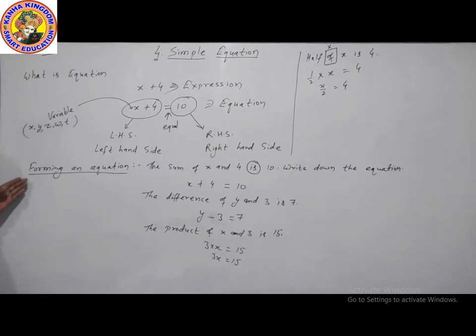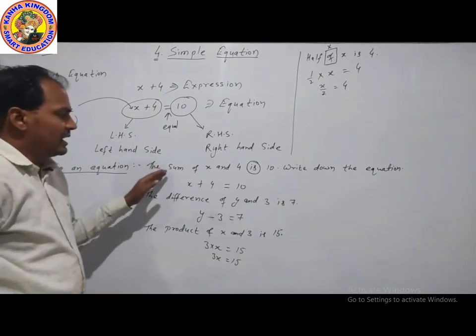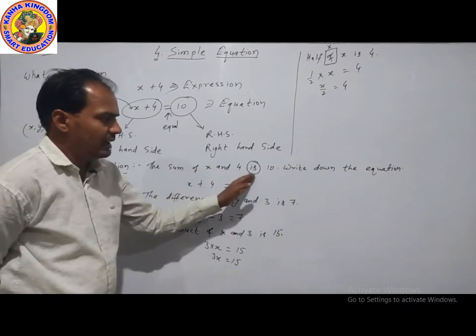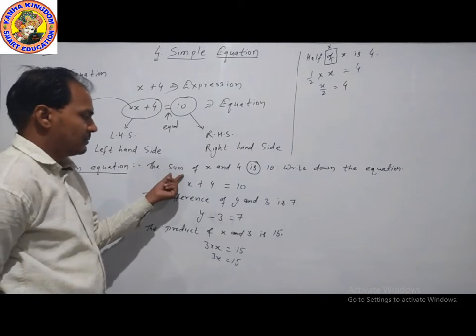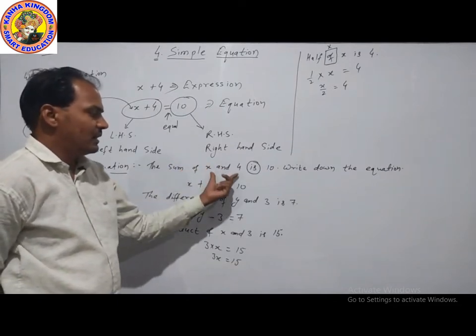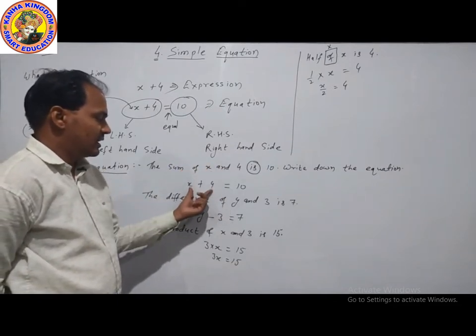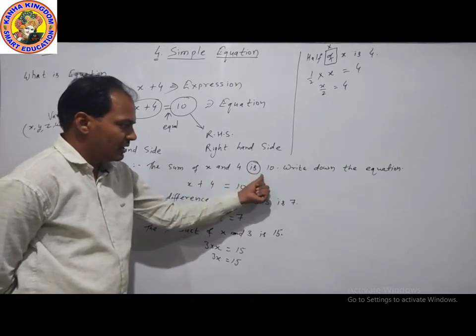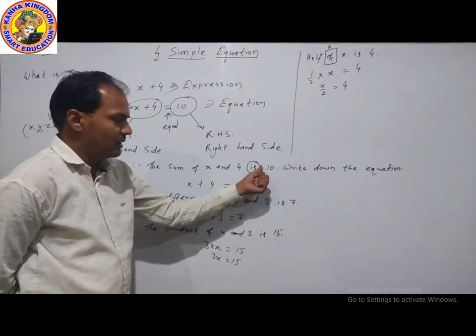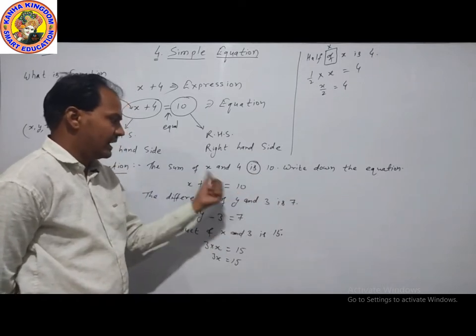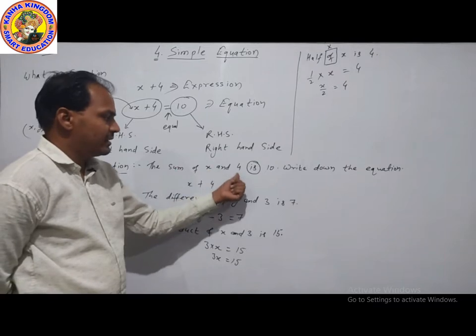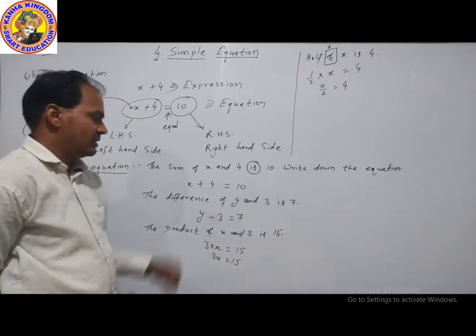Let's begin from this topic, forming an equation. For example, the sum of x and 4 is 10. Write down the equation. Sum means addition of x and 4. The addition of x and 4 is equal to 10.